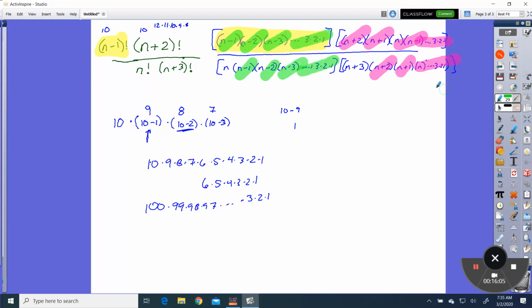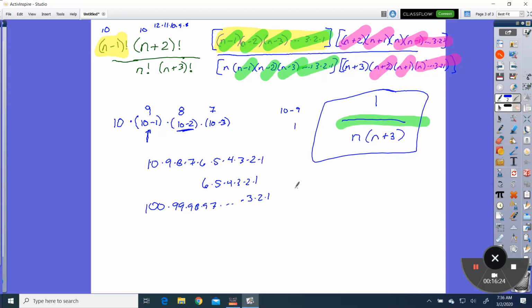And those all go away. So what's left? So on the top is 1 on the bottom. And that's your answer. So that's the factorial idea. It's the crazy stuff.